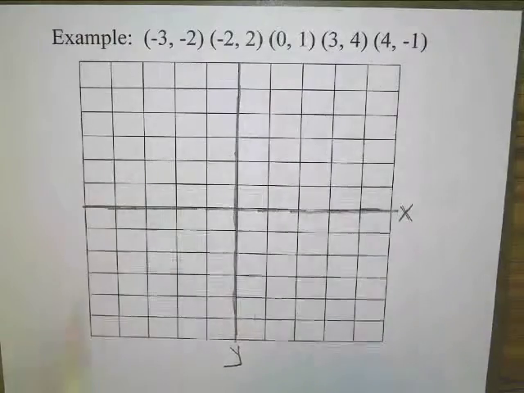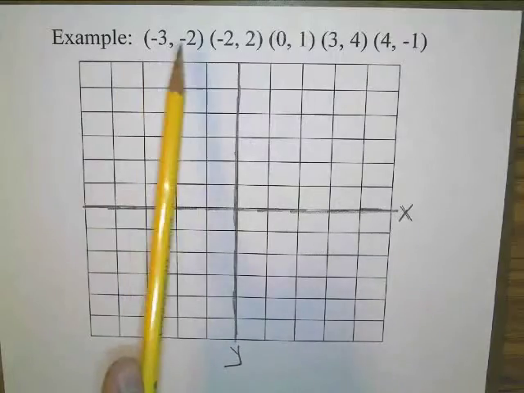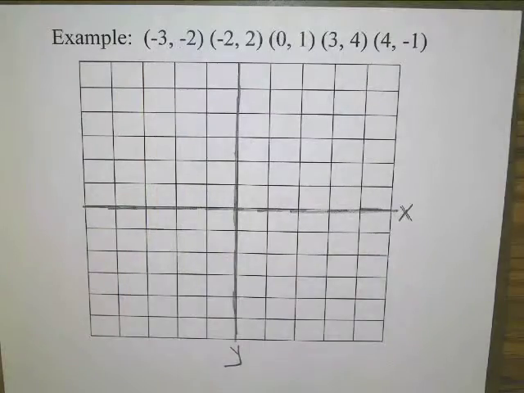Okay, so Connie, go up to the board and show me where the -3, -2 point is. No. This is a point, remember? So you have to do the grid. The first number, we either go left or right. So where do we go? Left. Okay, so go left. Now, the second number, we either go up or down.